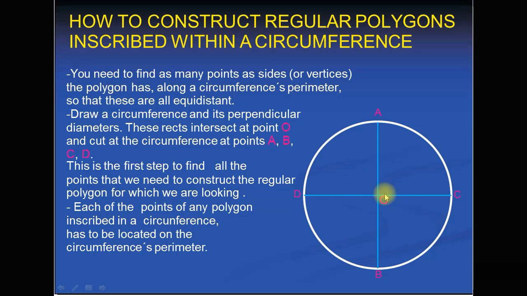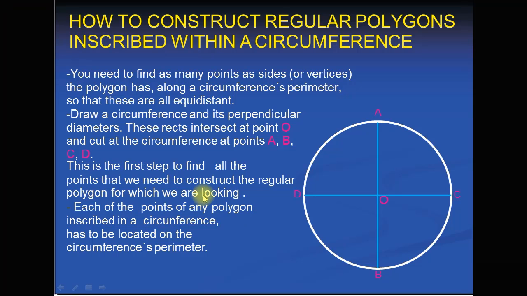These two diameters intersect each other at point O, and cut the circumference at the points A and B. This is one diameter and CD is the other diameter, and they cut the circumference of the circle at points A, B, C and D. Now this is the first step to find all the points that we need to construct the regular polygon, like triangle, square, hexagon, pentagon, decagon and so on.